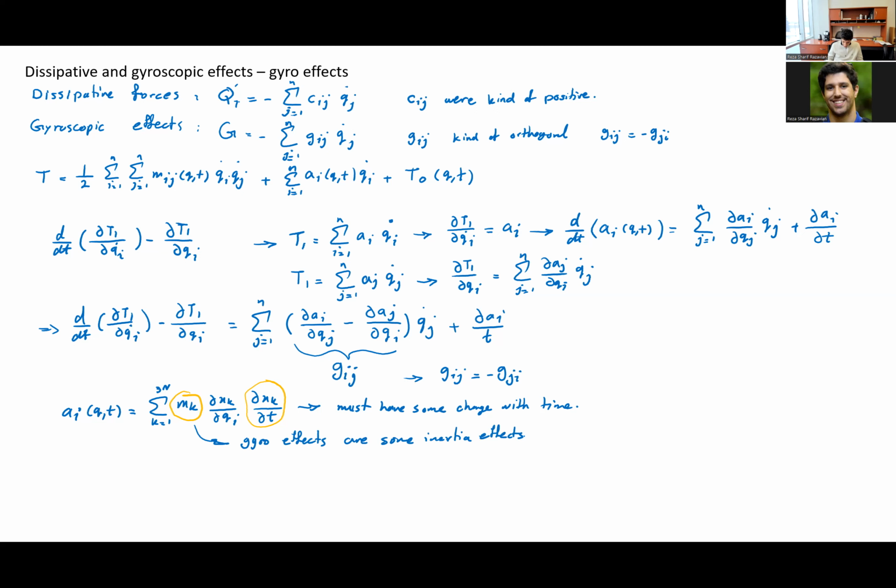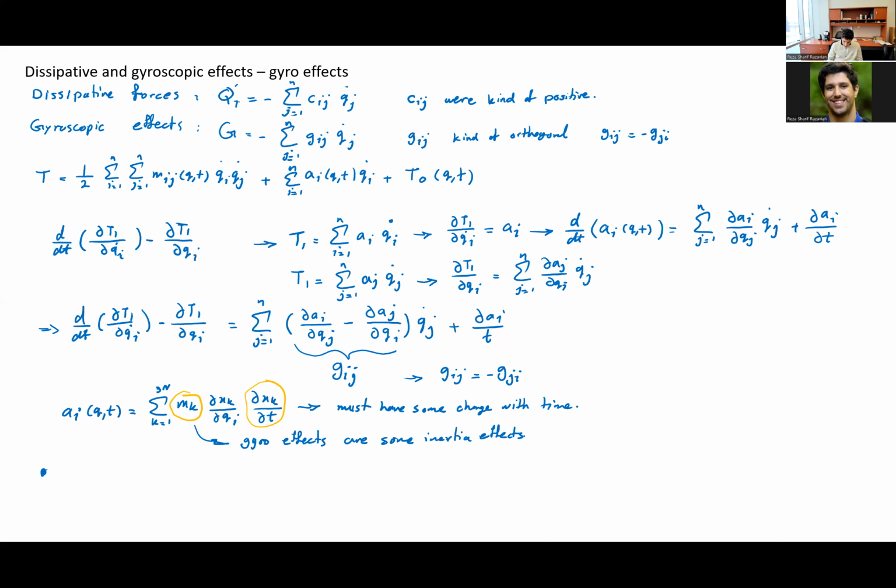And the last thing I want to mention here is that we sometimes hear the name gyroscopic force, but it should be noted that these quote-unquote forces are not really a force, they are an inertial effect that is present within the system.